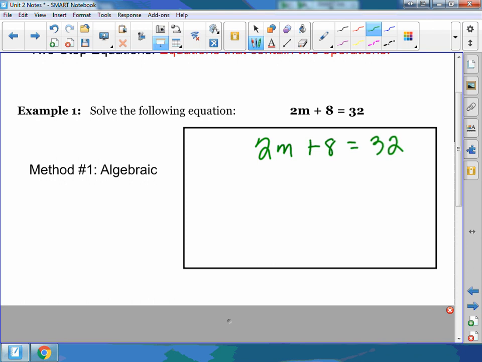32 plus 8, we add 8 to both sides. Undo it. What's the inverse of that, Brock?